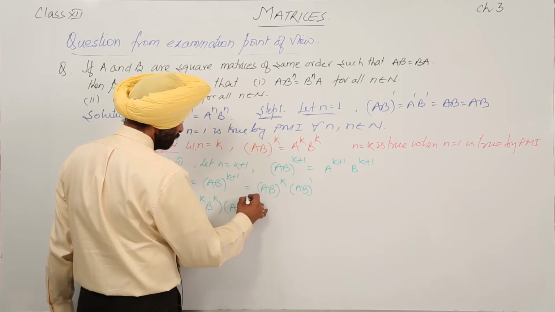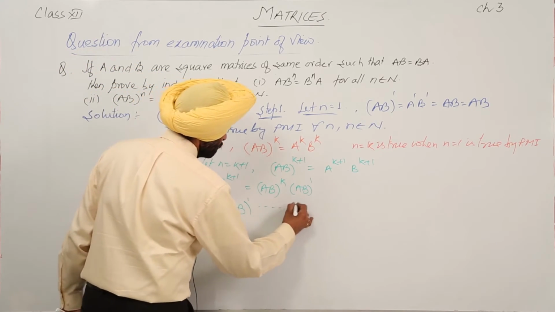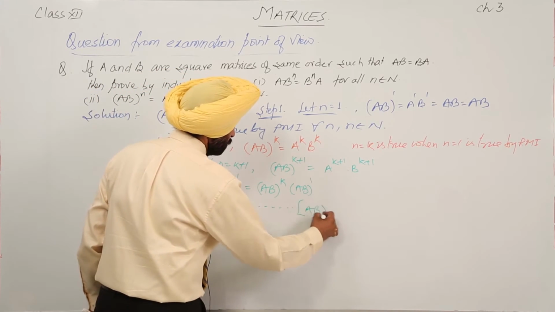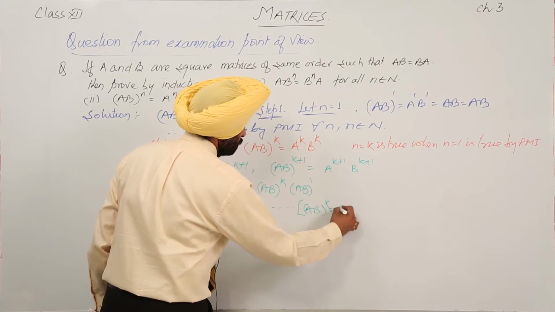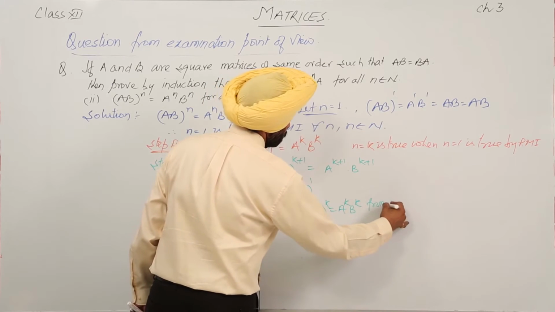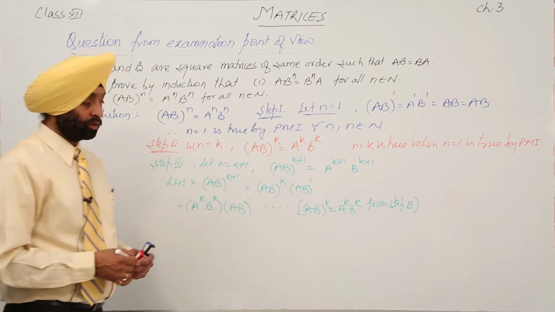We can write AB^1 or simply AB. Now we can give the reason. What we have used is (AB)^k is equal to A^k B^k from step 2.